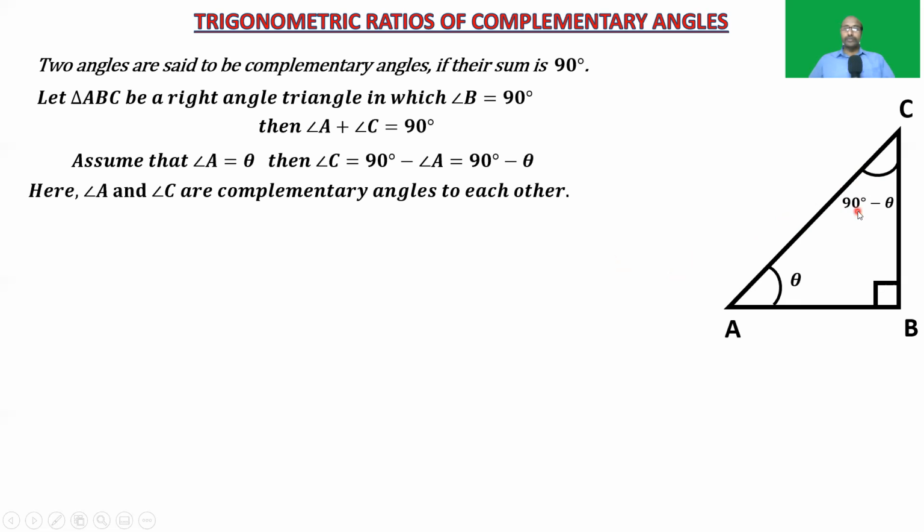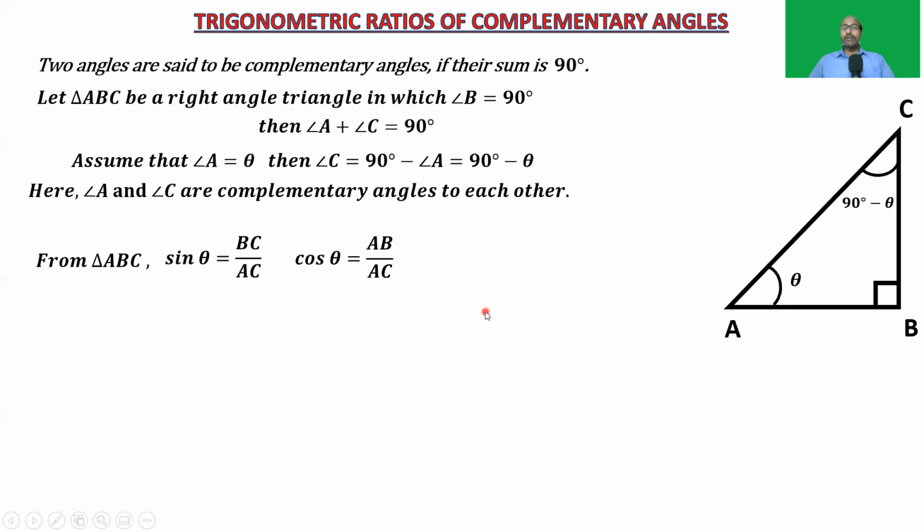Now, find the trigonometric ratios with respect to angle A, that is angle theta. From triangle ABC, sine theta is equal to opposite by hypotenuse, that is BC by AC.